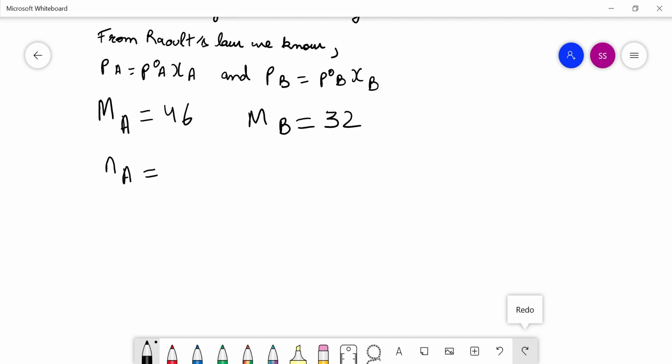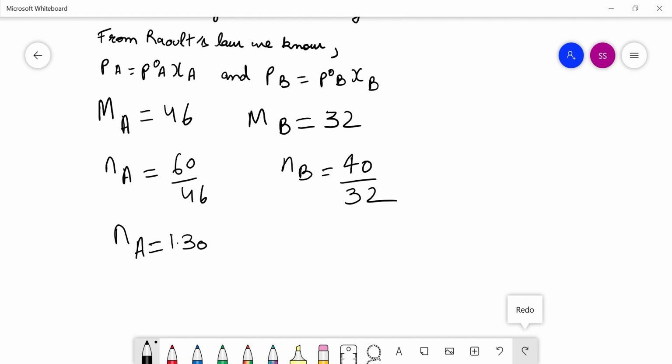Moles of ethanol is equal to given mass by molar mass, जो होगा 60 डिवाइडेड बाई 46 और मोल्स ऑफ मिथेनॉल होगा 40 डिवाइडेड बाई 32। Moles of ethanol is equal to 1.304. Moles of methanol is equal to 1.25.